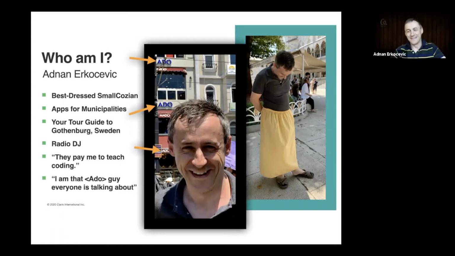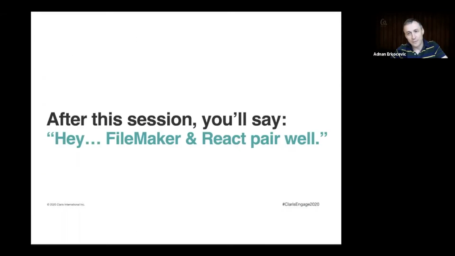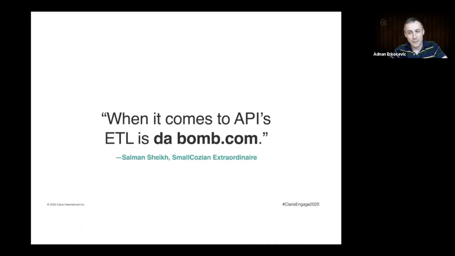Thank you, Salman. Thank you, Hazel, and thank you, Anya, for those applauded. I'm sorry that I couldn't be here with more of my fashion creations, but I will try to talk about something else. It's React Native and FileMaker, and after this you are going to say, yeah, FileMaker and React, they pair very well.